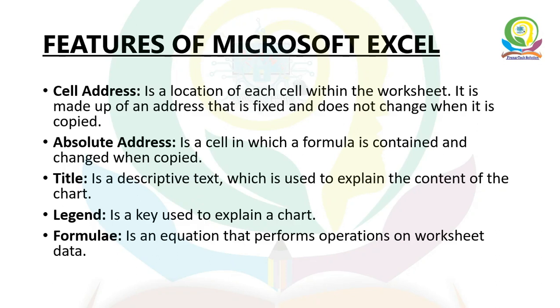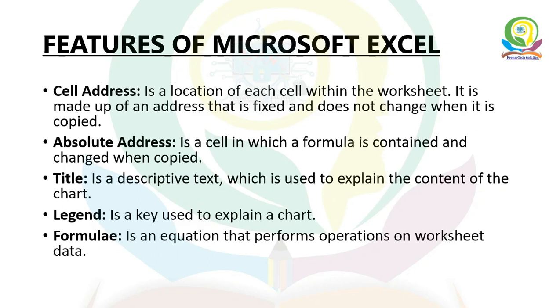That is what we call the cell address. So whenever you meet those cell addresses, they are fixed, they don't change. When you copy their information, the number still remains the same as it was.